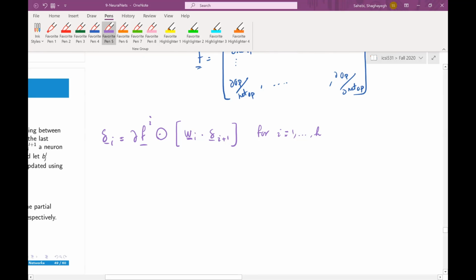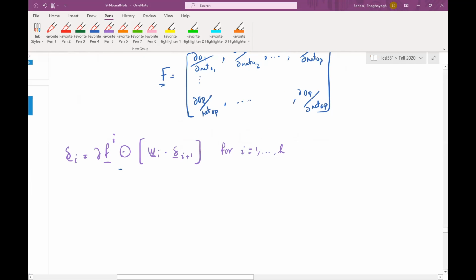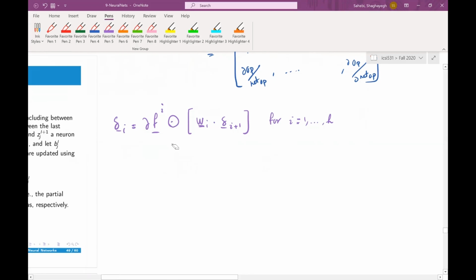Now we also wanted to update the parameters, right? The goal of calculating all of these net gradients was to be able to update the values of parameters, to calculate the gradients of Wi's so that we could update the Wi's. So the gradient of Wi is going to be equal to Zi dot delta I plus 1 transpose.